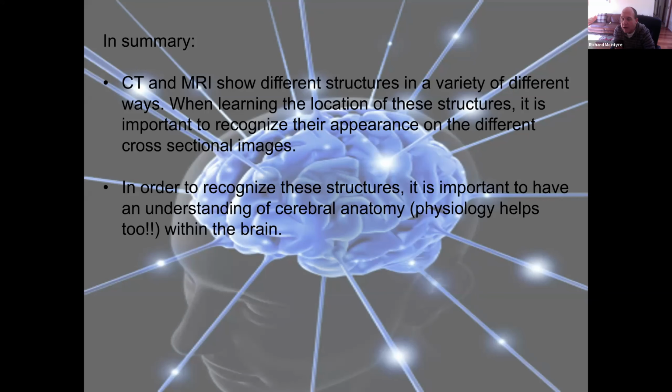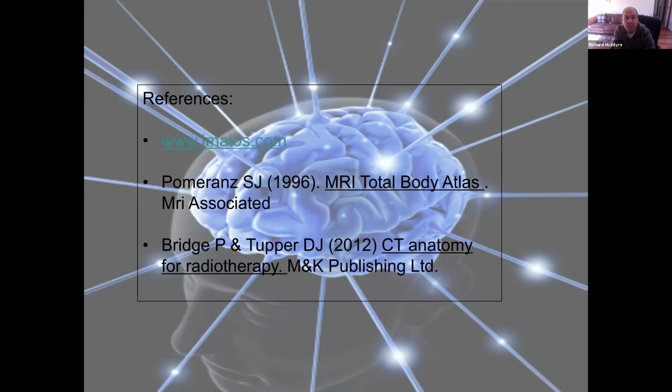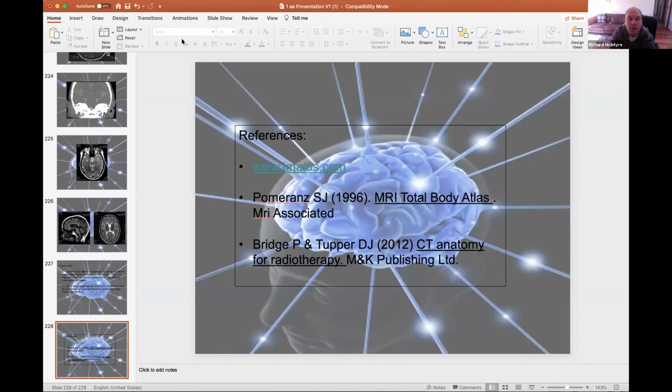Okay. We're finishing up. Now, there's a couple of references, but of course, there's a lot of references available for these images. Just to finish up, these images that I'll be showing you, they'll be tested in John's test, but we also test these structures in 3rd year and 4th year as well.